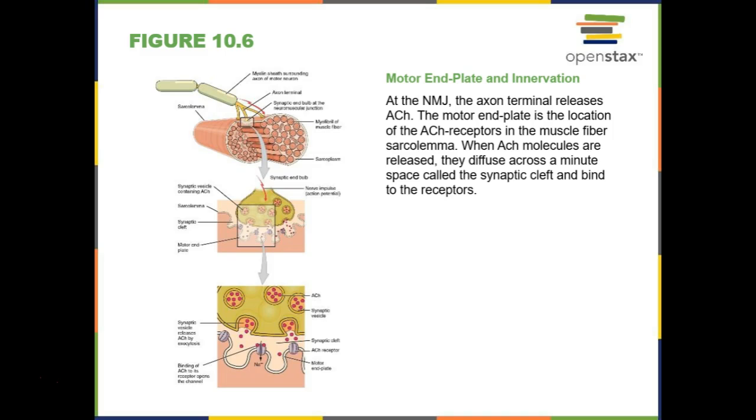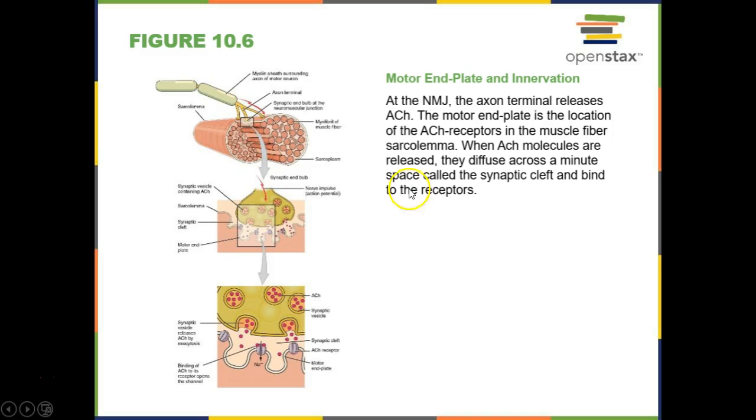NMJ means neuromuscular junction. And so this is where the neuron and the muscle fiber come in contact. So for each given muscle fiber, we have one neuron that will stimulate it. But one neuron can stimulate multiple muscle fibers.